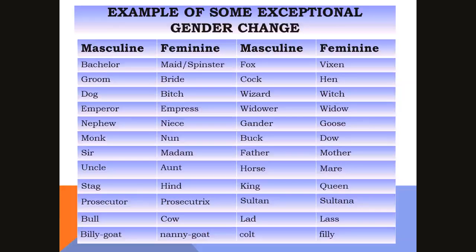You can say groom, bride, dog, bitch, emperor, empress, nephew, niece, monk, nun, sir, madam, uncle, aunt, stag, hind, prosecutor, prosecutrix, bull, cow, billy goat, nanny goat, fox, vixen, cock, hen. These gender changes add a little bit different words, and it will help you to grow your vocabulary also. That's why I have included it in the slide. Please go through and collect if you want.